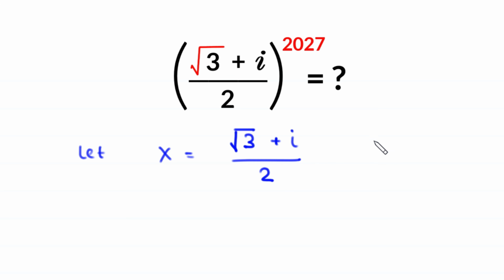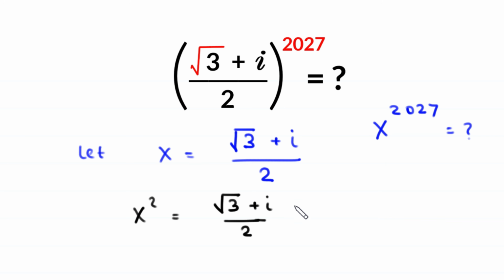It means that now we have to find the value of x to the power 2027. Now we square both sides of this equation. This will become x squared equal to (root 3 plus i divided by 2) whole squared.